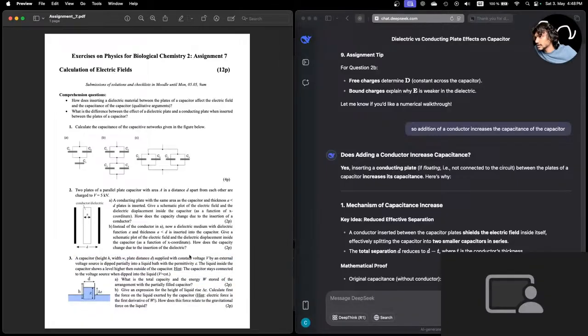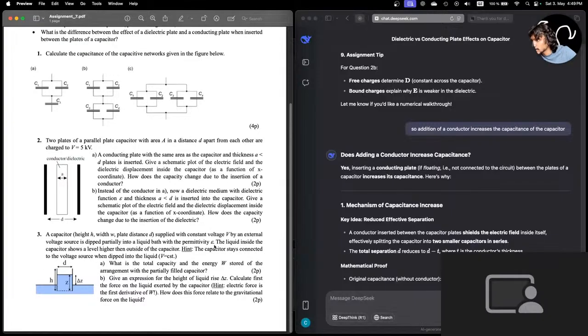A capacitor with a constant voltage applied by an external voltage source is dipped partially into a liquid bath with permittivity epsilon zero, I guess, because I cannot read epsilon. The liquid inside the capacitor shows a level higher than outside the capacitor. The capacitor stays connected to the voltage source when dipped into the liquid.